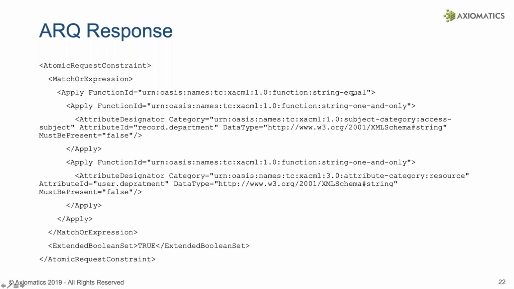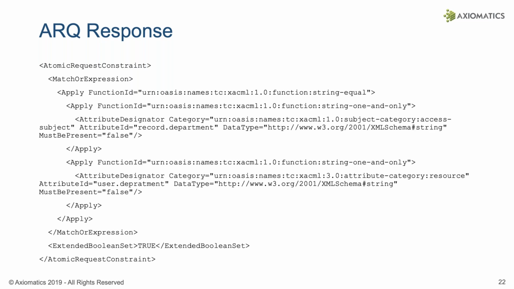Essentially what we're saying is that record department has to be equal to user department, and this is not spelled correctly even, but record department and user department have to be equal in order to get a permit decision. So it's one piece of the ARQ response. This, just like the other ones, can't fit on the PowerPoint slide, so it's a snippet of a full response.